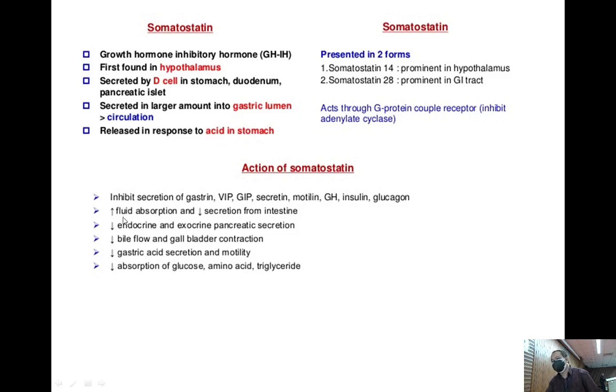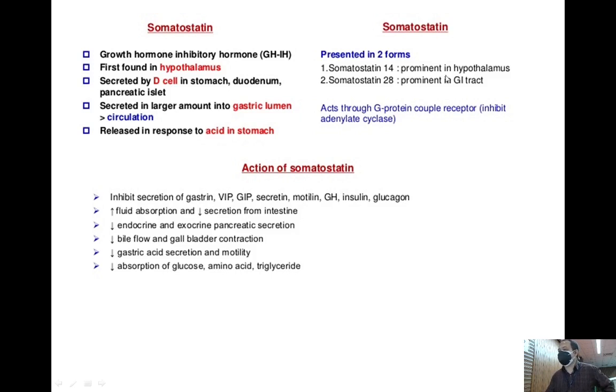It is a major factor of inhibition in almost all aspects, not only the secretion but even the absorption, the contraction of the gallbladder, and the motility of the gastrointestinal tract. So it plays an important role in inhibiting most of the functions.